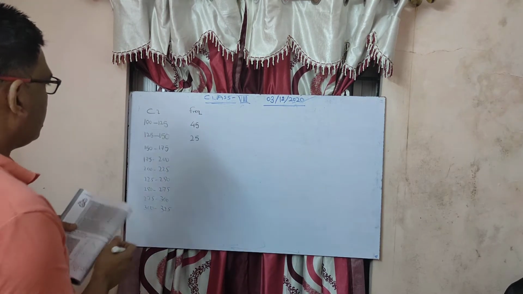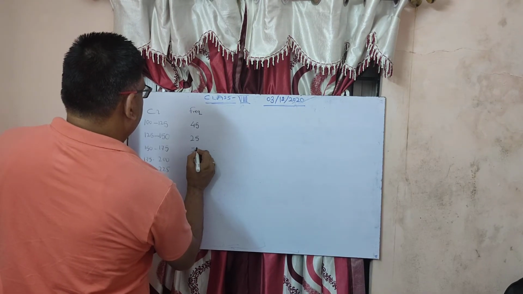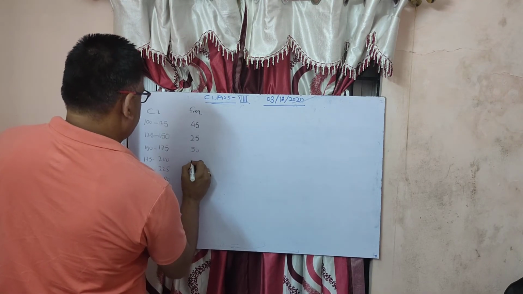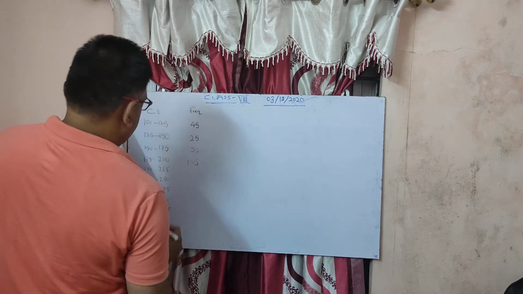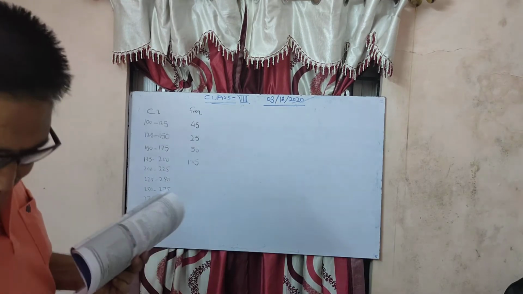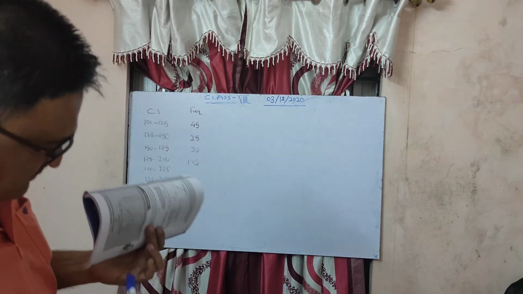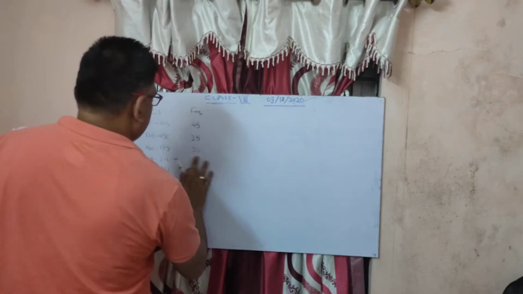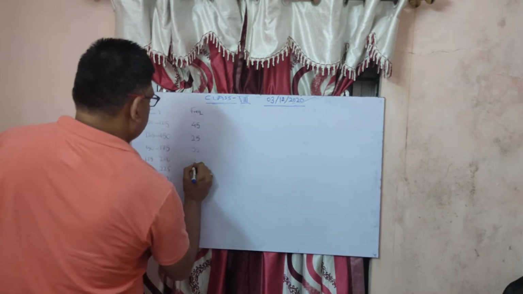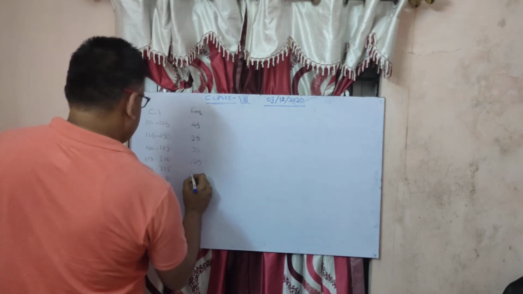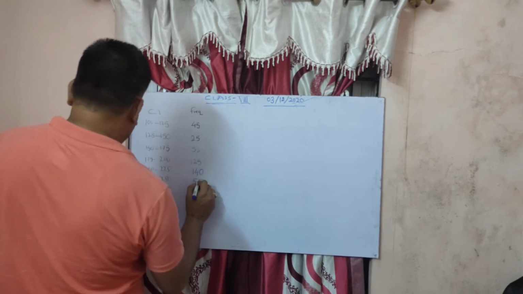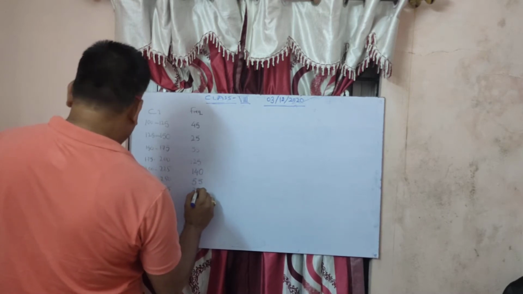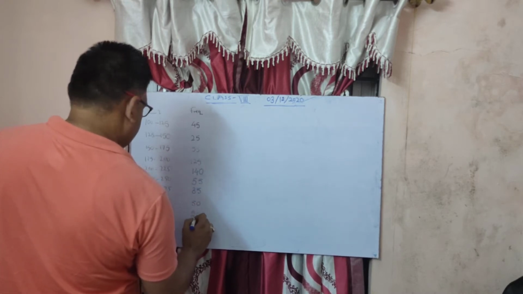Okay, now here 55, 125, here it is 125, this is 140, 55, 35, 50 and 20.